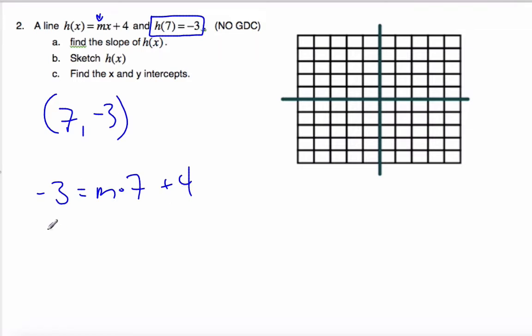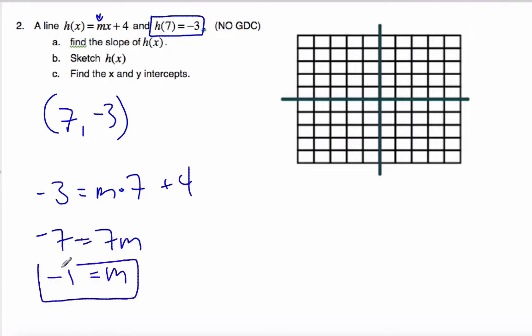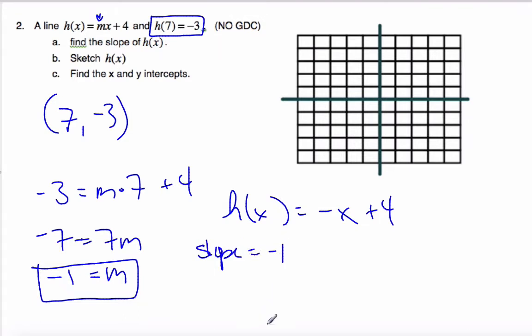I subtract the 4, I get negative 7 is equal to 7m. And so m, dividing by 7, is negative 1. So I have h of x is equal to negative x plus 4. All right, so the slope, which was m, equals negative 1.